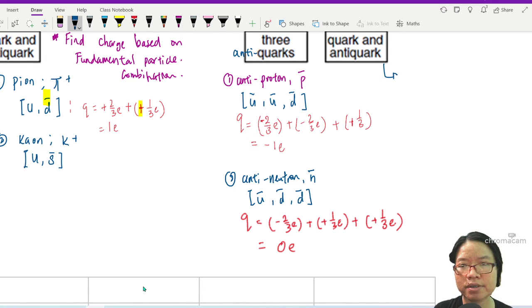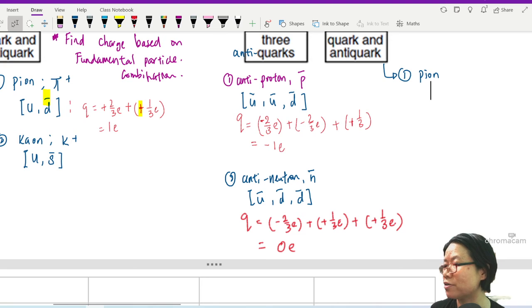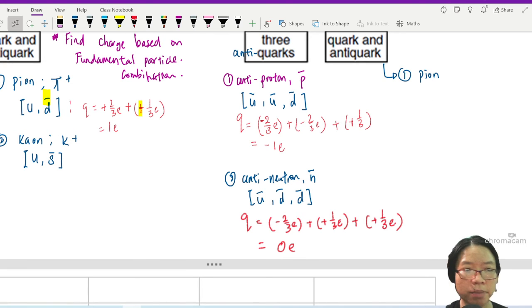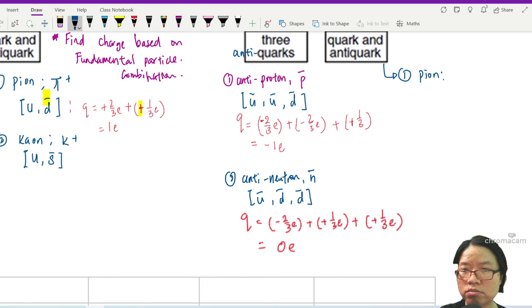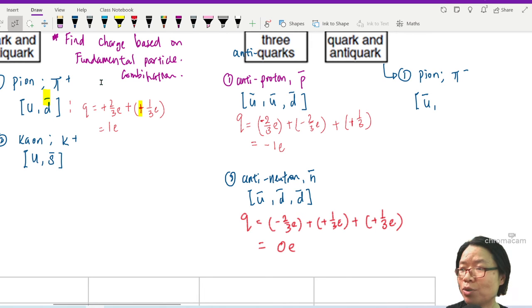mesons. So for mesons, the first one I gave you is pion, right? So now we will call this anti-pion. Okay? So if you think about the sign of anti-pion, that will be pi minus. So instead of up, it will be anti-up. Instead of anti-down, it will be down.